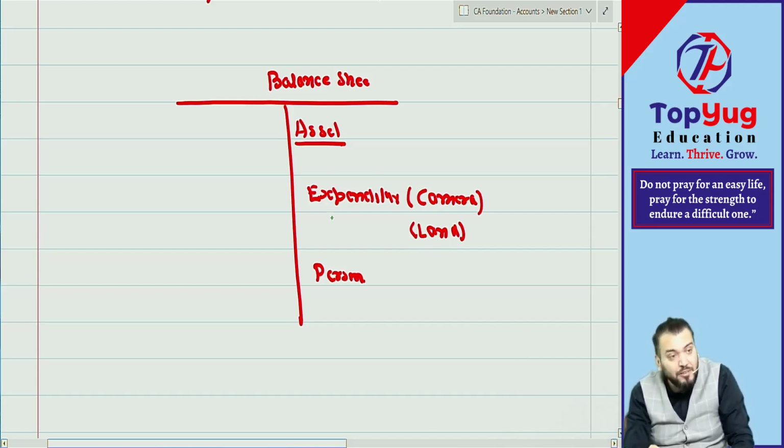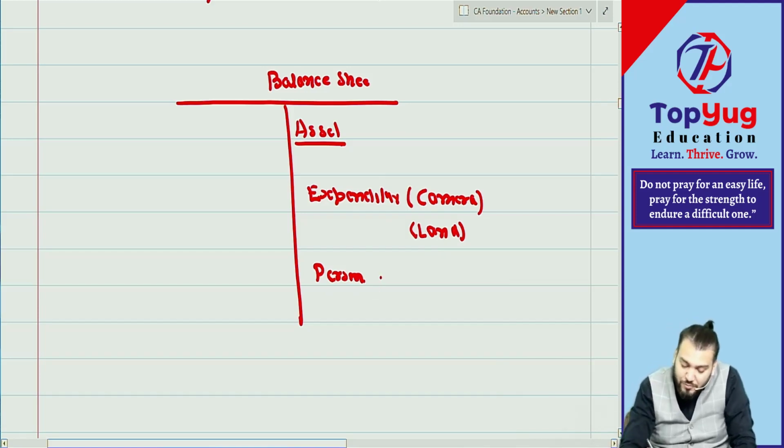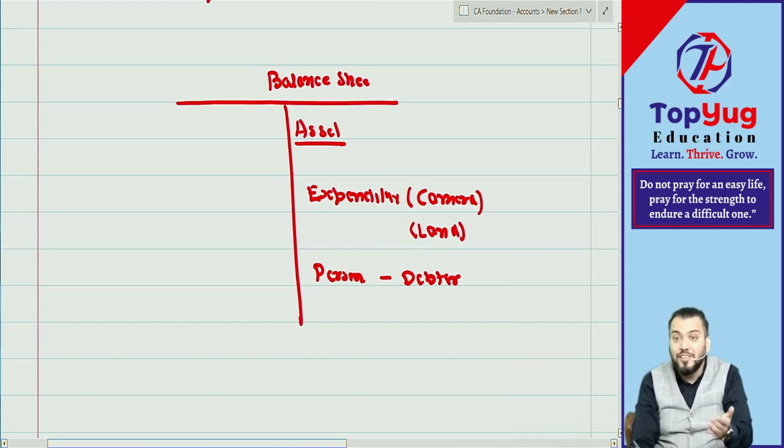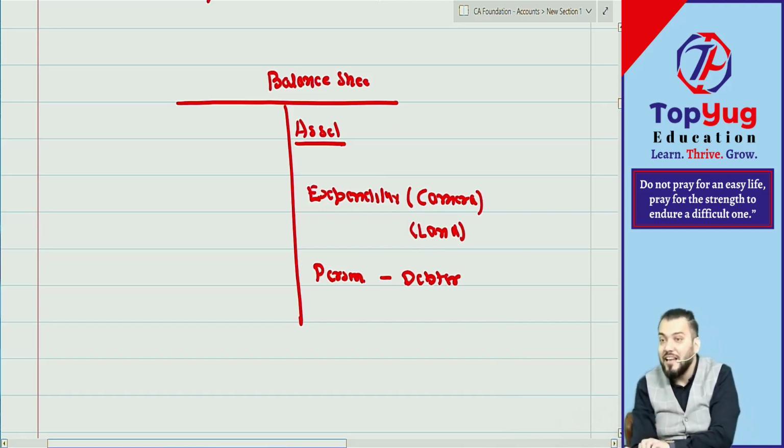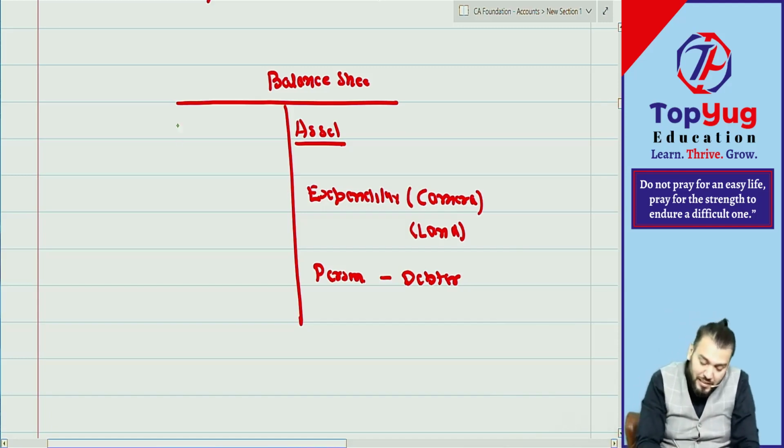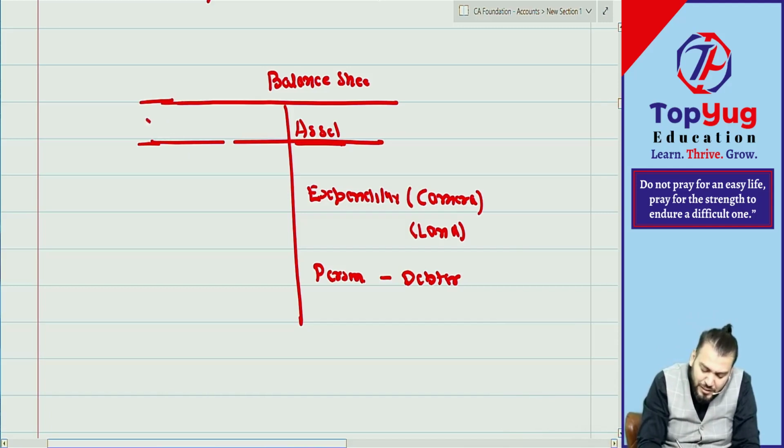So in assets we write down expenditure as well as personal accounts. Personal account means what? Debtor. But debtor means what? Any amount receivable from that person. On this side, actually, we should call it equity and liability.